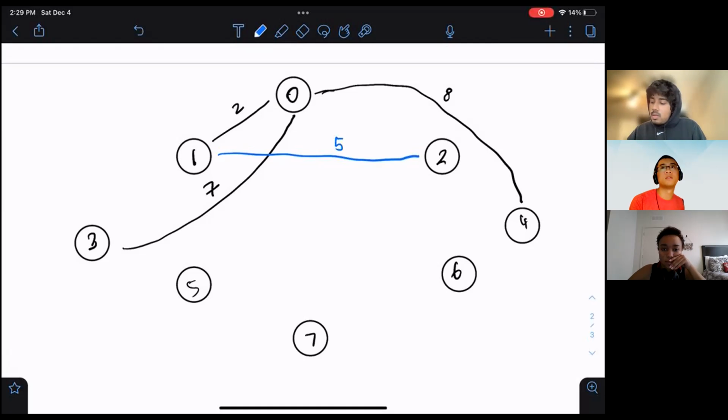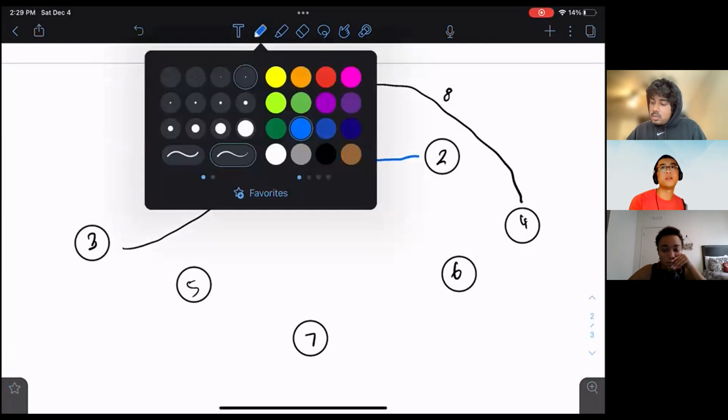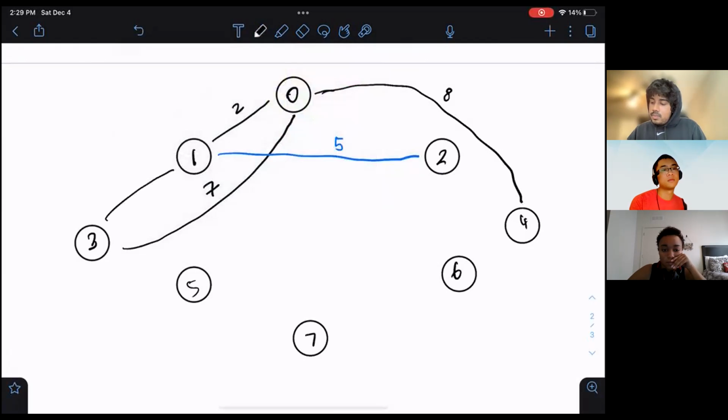And then 1 goes to 3 with a weight of 5. Then 2 goes to 1, we already did that. Then 2 goes to 6 with a weight of 8.